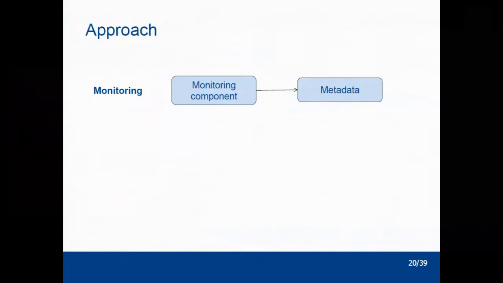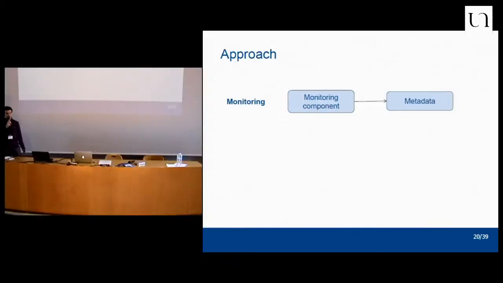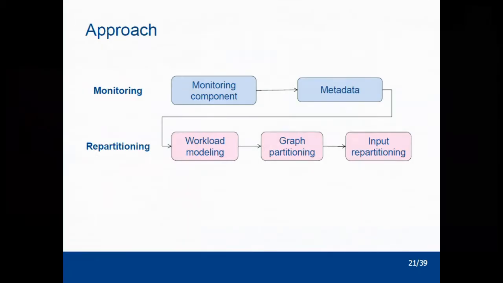Our approach consists of three main phases. First, a monitoring phase, in which the MapReduce jobs are executed, and we inject a monitoring component which detects the relationships between input tuples and intermediate keys. This produces some metadata. With this metadata, we generate a workload model.